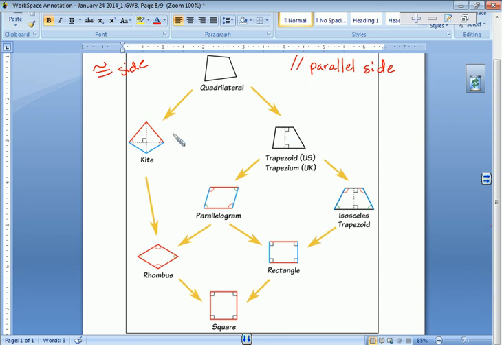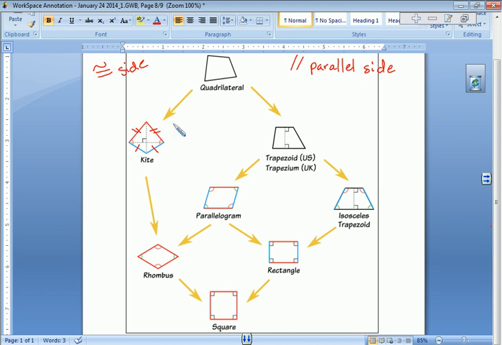All right, so a kite looks exactly like a kite. Isn't that great? But what is true about a kite is that we have two pairs of congruent consecutive sides. Do you know that if I mark it with one tick mark, the two sides that I mark with one tick mark are congruent? And the two sides that I mark with two tick marks are congruent.